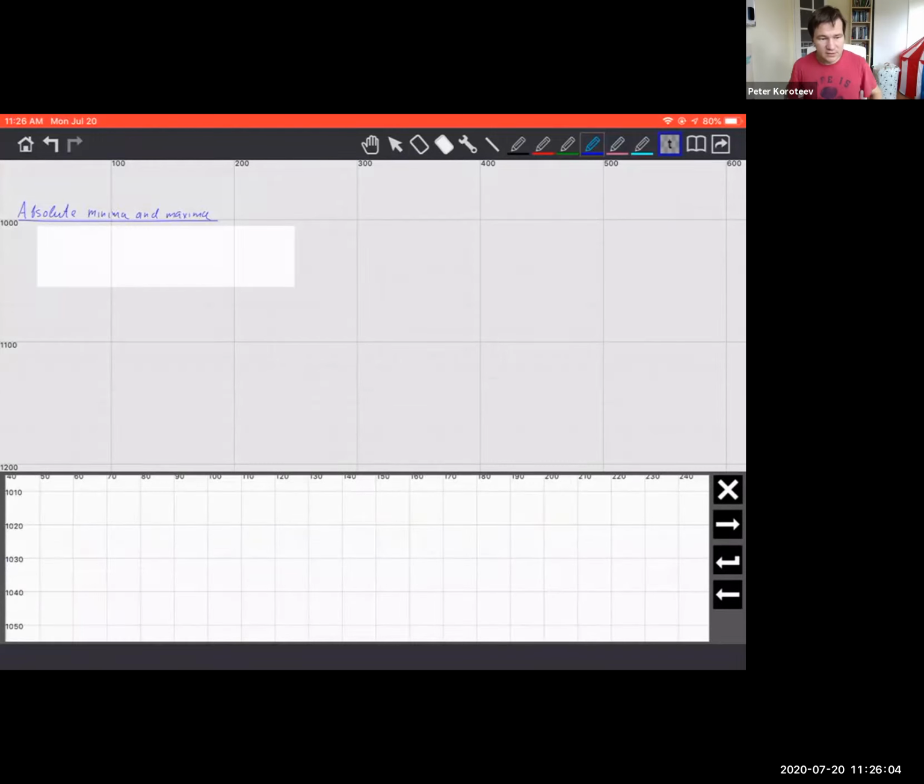As I mentioned in the beginning, absolute extrema refers to the phenomenon when these inequalities are satisfied in the entire domain, right?